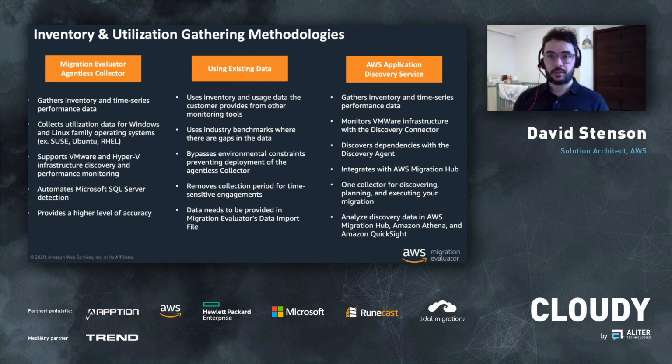Or time constraints, maybe you need some figures for your stakeholders sooner rather than later. Using existing data can be very beneficial in that way, because we're going to be able to provide a result back to you by skipping that 10 days of collection that occurs with the Agentless Collector. We can support both methodologies, so if you have existing data and would like to install the Agentless Collector at a later date, that is of course possible too.